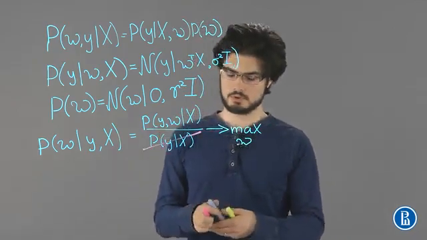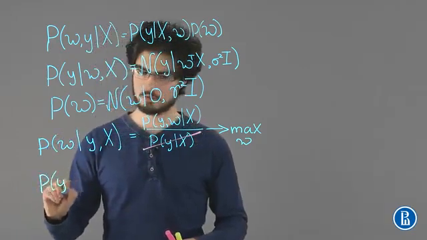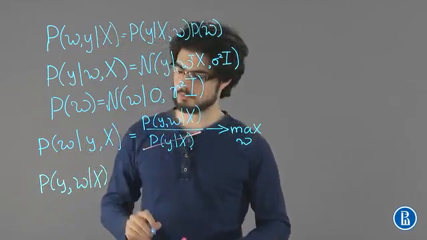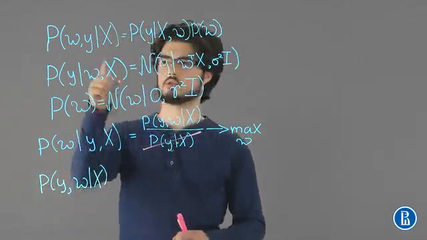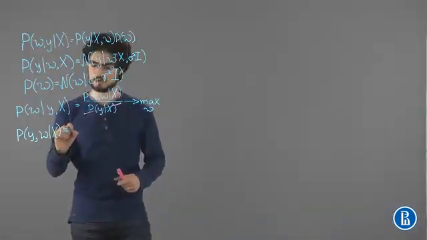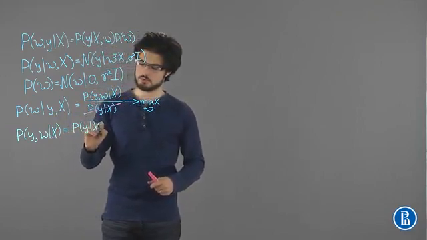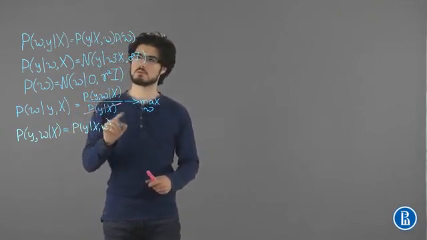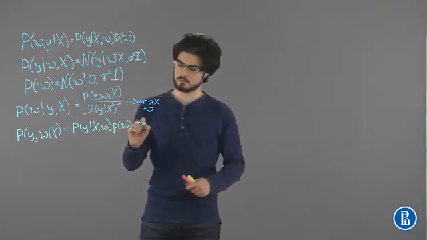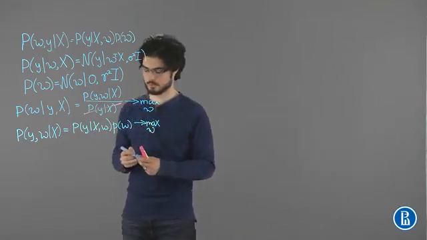Alright. So now we should maximize the probability of y and w given x, and it's actually given by our model. So we can plug in this formula. This would be the probability of y given x and w times the probability of w. And we want to maximize it with respect to the weights.